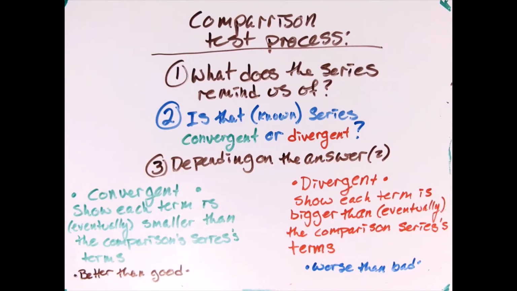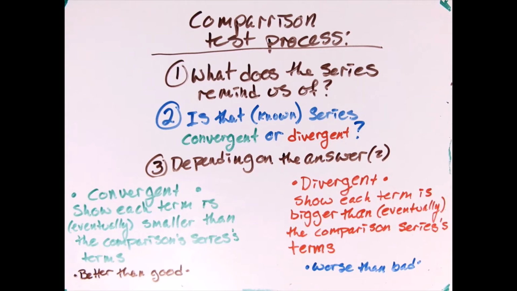It's a breakdown of what we're going to try and do with the comparison test. So the very first step is to say, what does the series that we're looking at, that we don't know, remind us of? Does it remind us of a P series? Does it remind us of the harmonic series? Does it remind us of a geometric series? What does it look like?